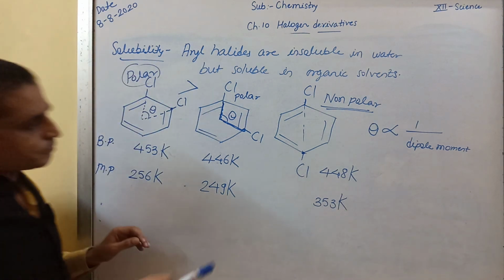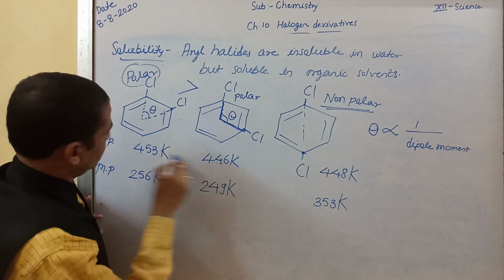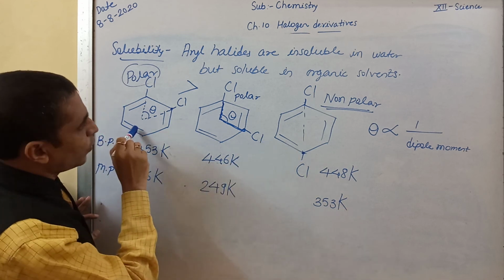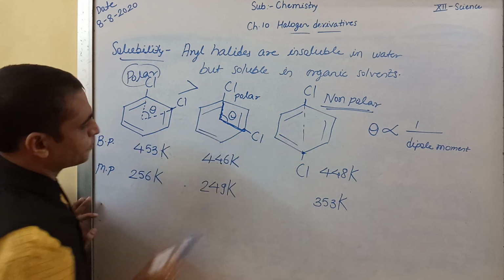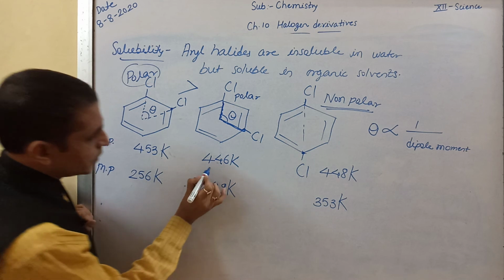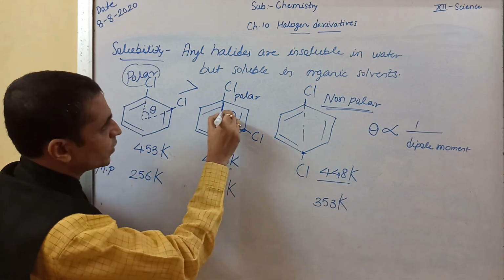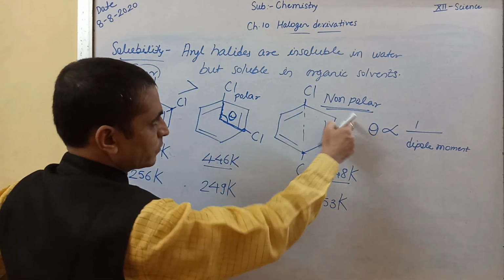And therefore the boiling point is nearly the same for all these compounds. There is a little difference, 446 and 448 Kelvin, because of this theta, since one is polar and one is non-polar.